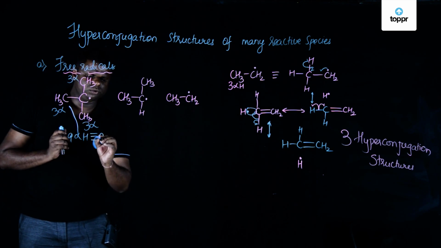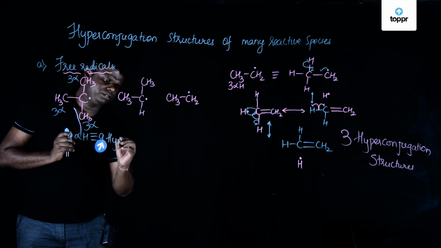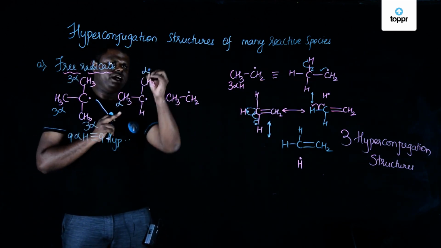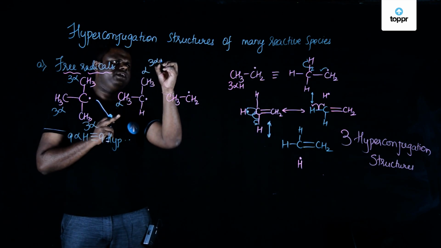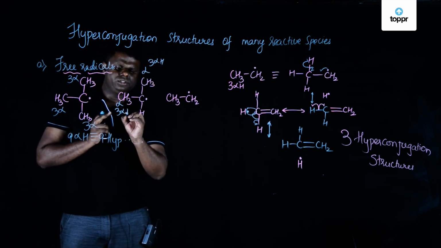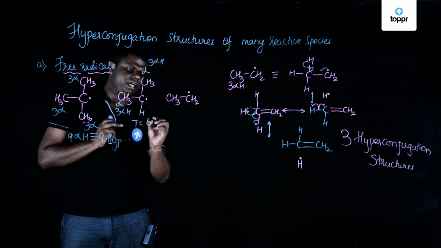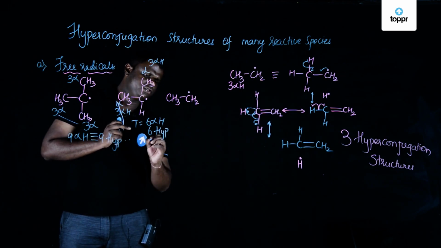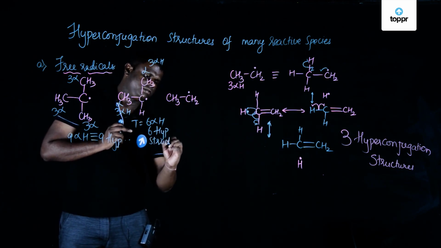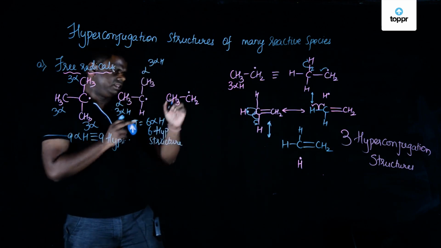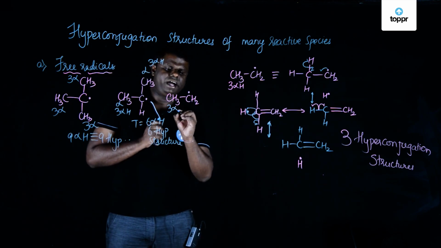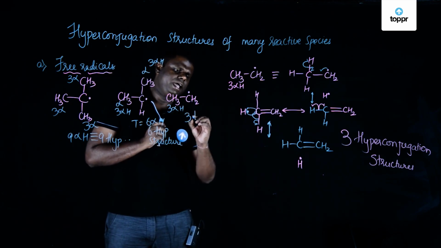This corresponds to 9 hyperconjugation structures. Similarly, here there are 2 alpha carbons, so 3 alpha hydrogens and 3 alpha hydrogens. So the total comes to be 6 alpha hydrogens, so 6 hyperconjugation structures. Here in this case, there is only 1 alpha carbon, so 3 alpha hydrogens. So I would say 3 hyperconjugation structures.